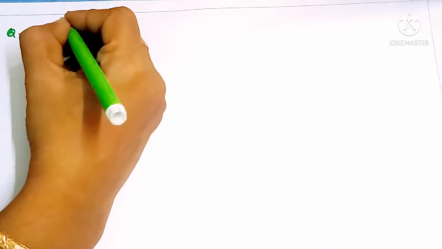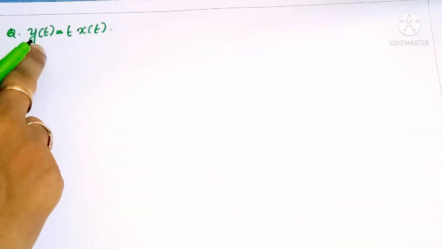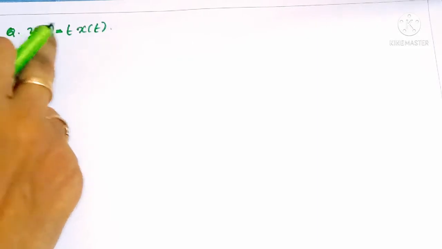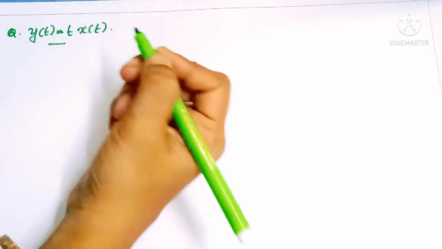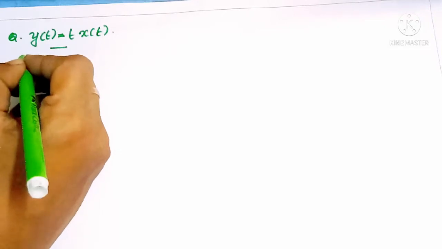Let's move to some problems related to linear and non-linear systems. First question: y of t is equal to t into x of t. We need to check whether this system is a linear system or a non-linear system. How can we check this? First, we should take individual inputs.